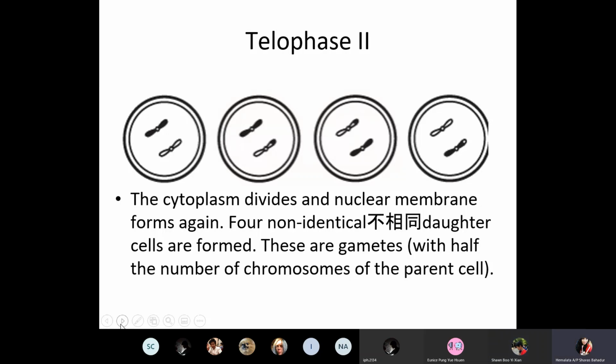Which means that one testis cell, when it divides through meiosis, will produce 4 sperm in one shot. One cell produces 4 sperm. So just imagine if you have millions of testicular cells, that will be a lot more sperm cells. The same goes for the ovum.